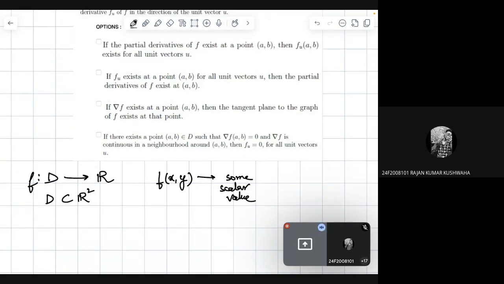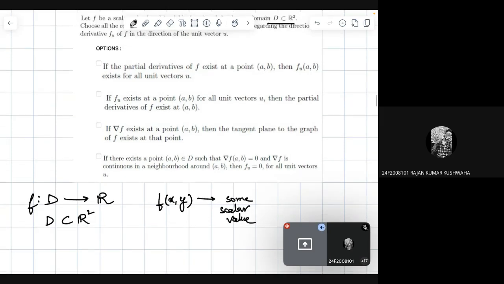The first option is that if the partial derivative of f exists at point AB, then FUAB, the directional derivative of f in the direction of unit vector u at the point AB, exists for all unit vectors u. We have to say whether this is true or false.